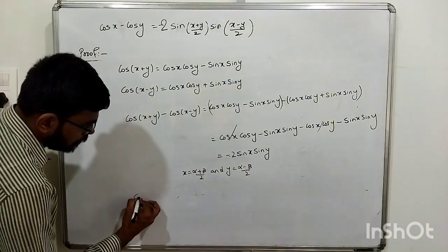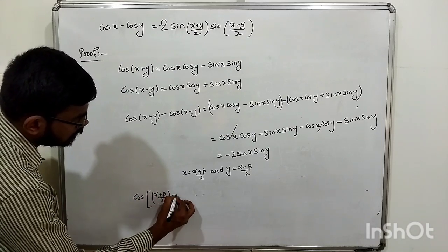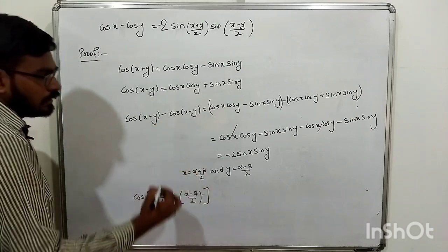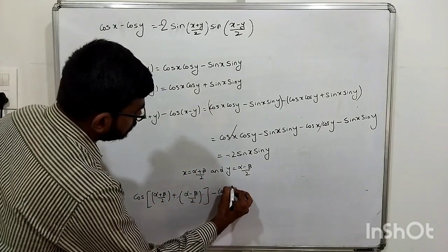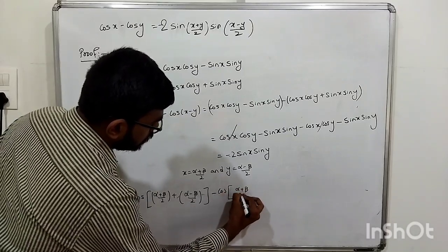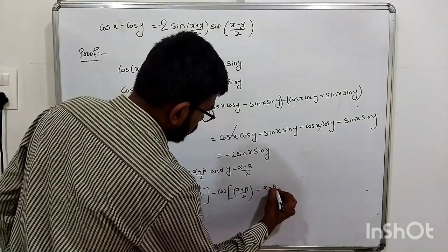Here we write cos of alpha plus beta upon 2 plus alpha minus beta upon 2 minus cos of alpha plus beta upon 2 minus alpha minus beta upon 2.